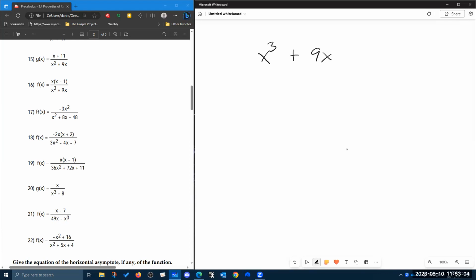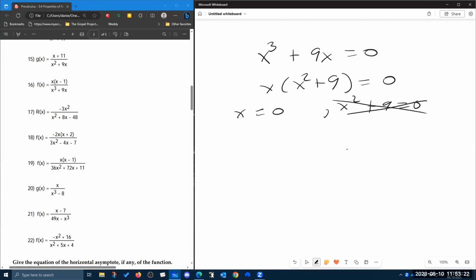We have a greatest common factor here of x. x squared plus 9 is never equal to 0 for the same reason that x squared plus 49 wasn't equal to 0 just a couple minutes ago.